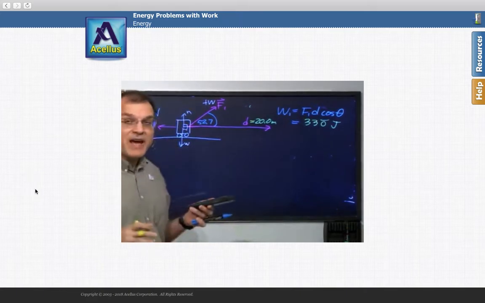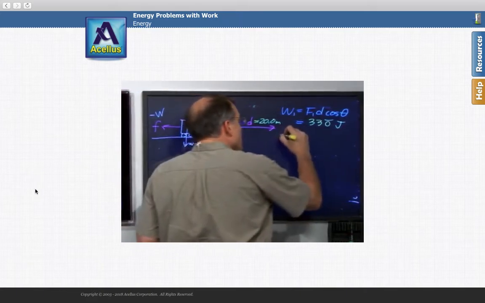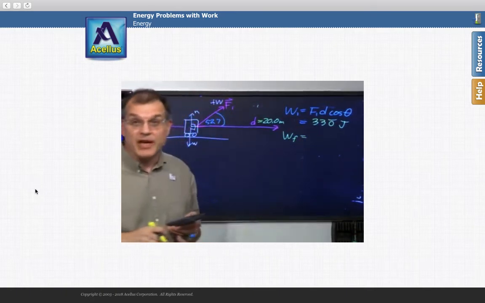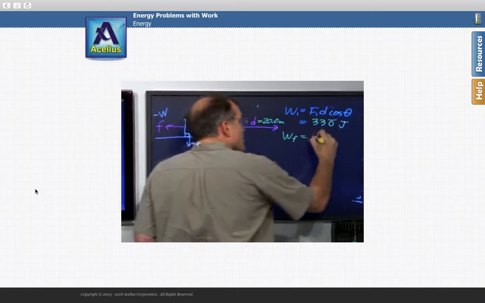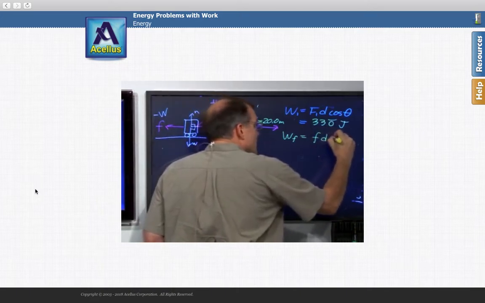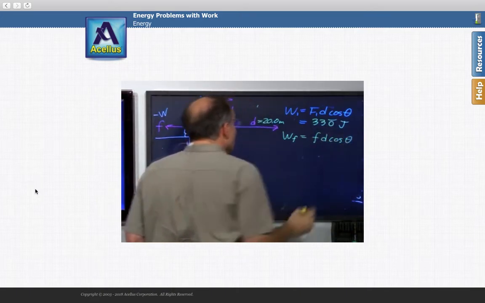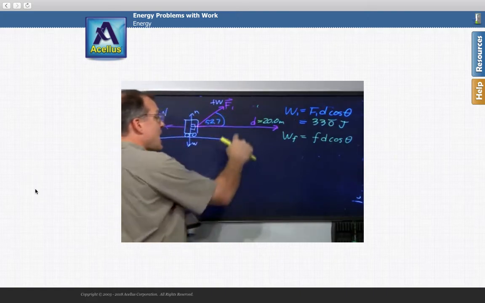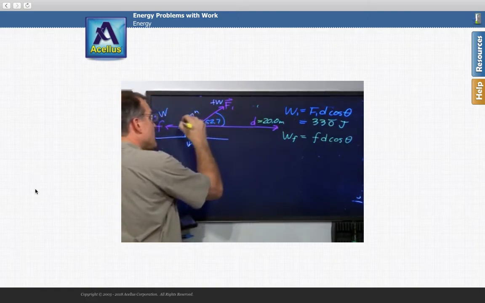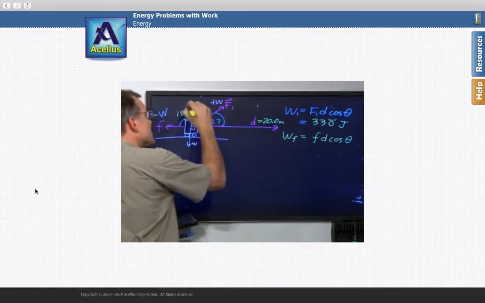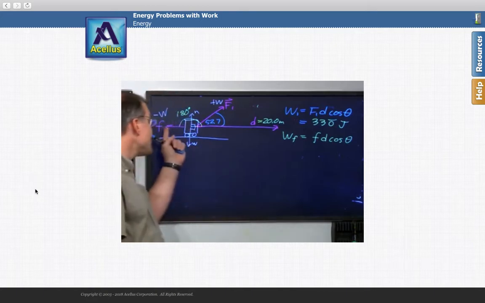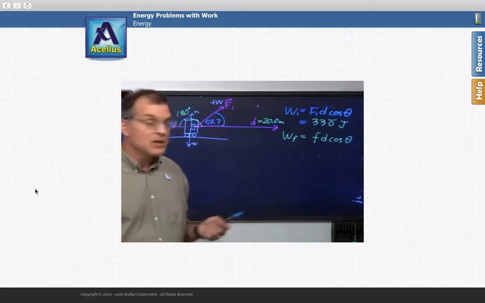Okay, the force pulling back is friction. You may recall friction does negative work. It takes energy away. And that's the force of friction times D times cosine of its angle. Now, its angle is not 52.7. The angle between D and F for the friction is 180 degrees. That's always the case for friction. It's always the exact opposite of the way you're moving.